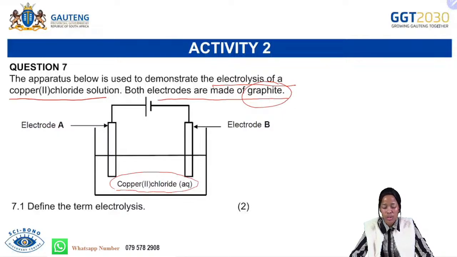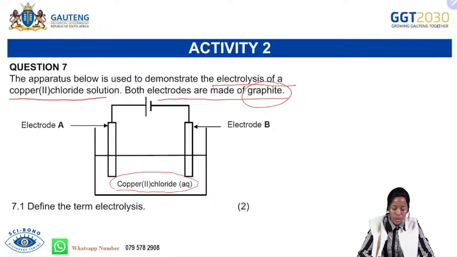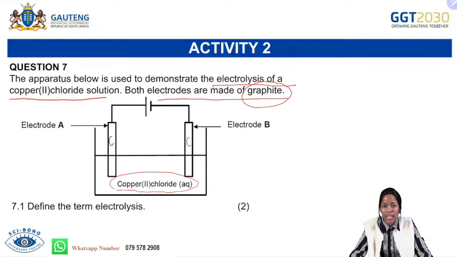So make sure you familiarize yourself with the word graphite. Graphite is carbon, the very same carbon that you find on the periodic table, with the symbol C. So both electrodes are made up of carbon, okay?